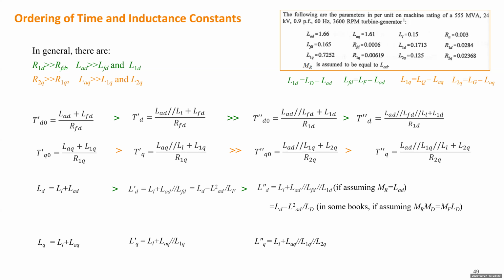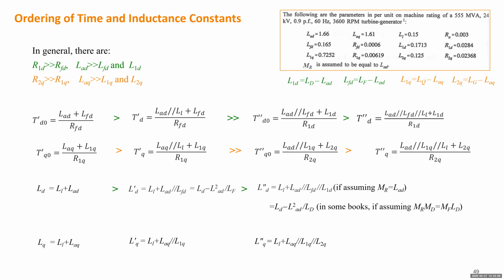And that will somehow reduce LD to LD single prime. And if you further add another one, the first damper, you will make LD double prime. So compared to those three, you clearly tell how LD changes from LD to LD single prime to double prime. This equation is pretty simple, but it's not convenient to use.